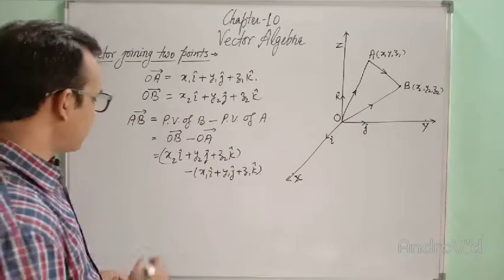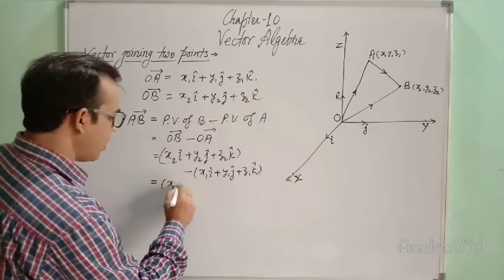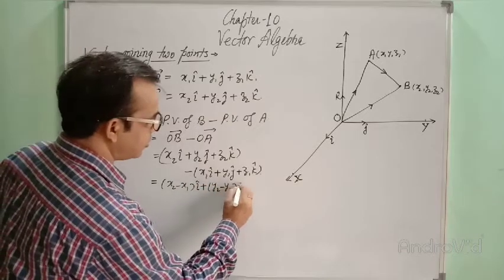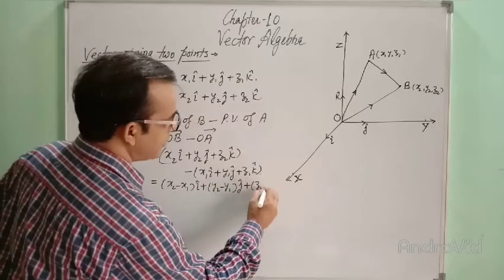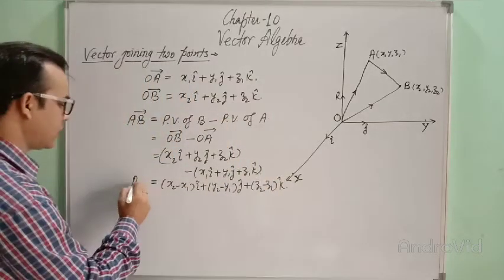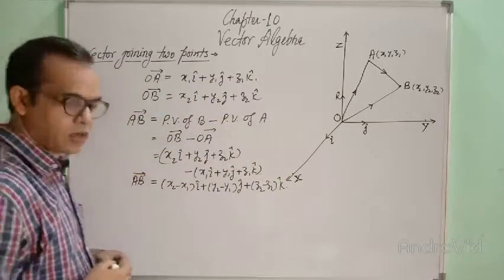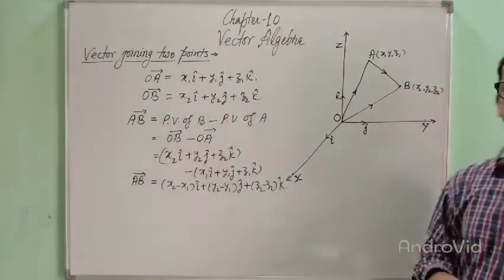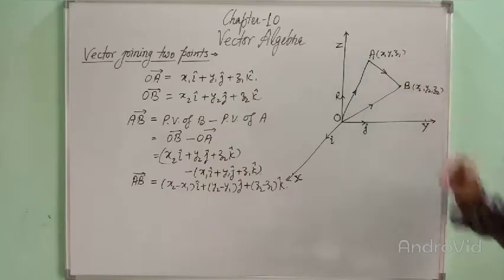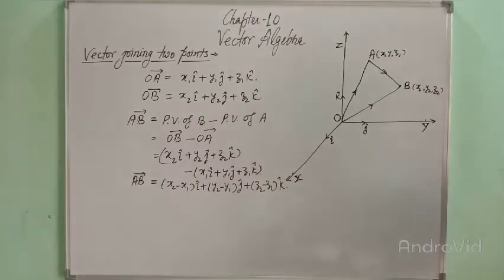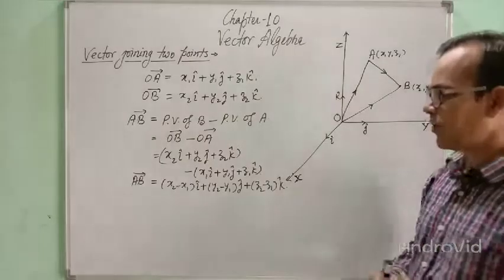On simplification we will have (x2 minus x1) i cap plus (y2 minus y1) j cap plus (z2 minus z1) k cap. So this is the AB vector which was required. Okay, so AB vector is the vector that joins the 2 points A and B, and here it is written in the component form.